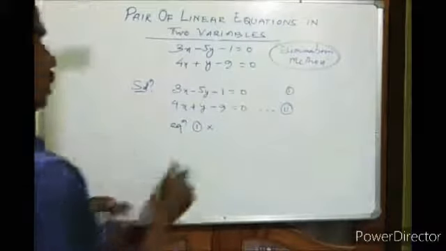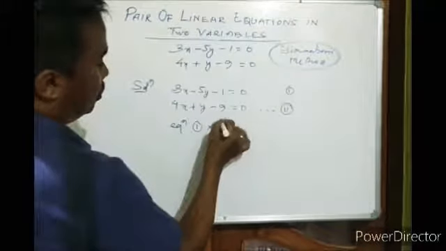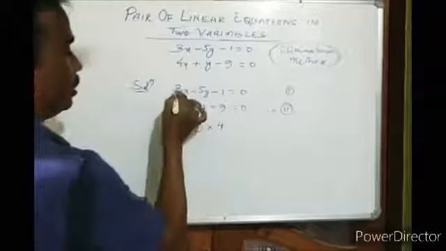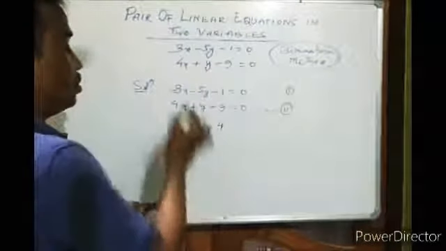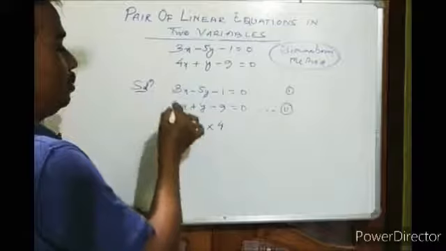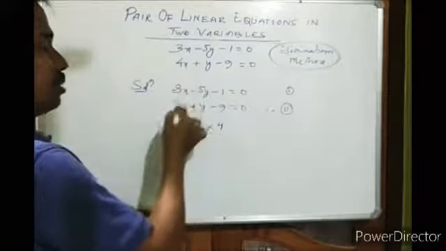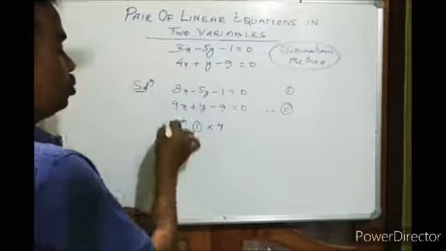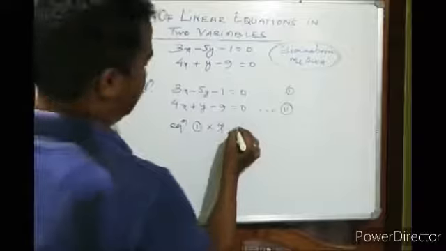Now equation 1 I will multiply by 4, because I am going to equate the coefficient of x, so I multiply equation 1 by the coefficient of x from equation 2.